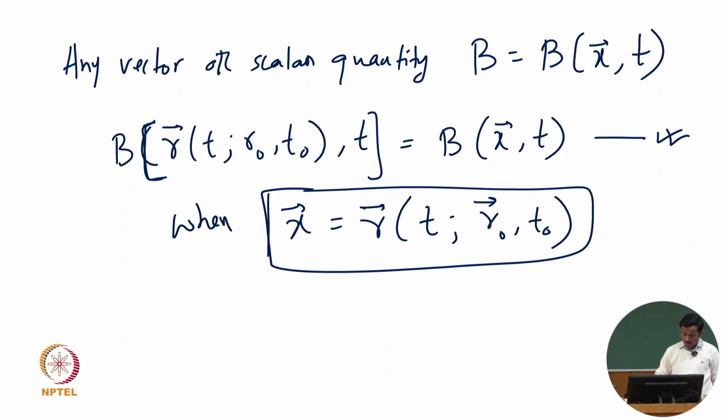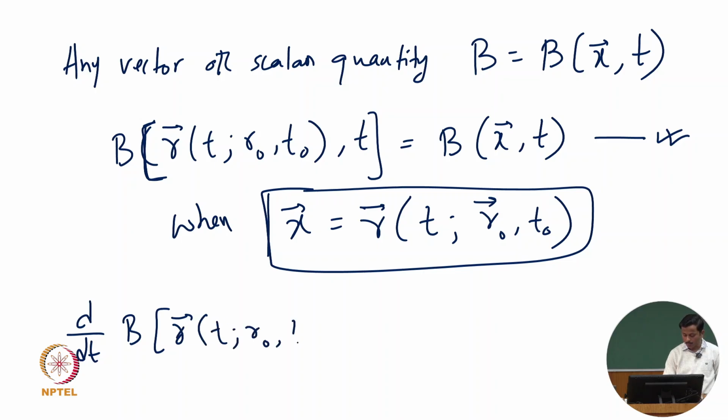So now, applying derivative to the left hand side, so d dt of this quantity b, which is a function of the position vector r, which in turn is a function of the initial position vector. There are arrows, sometimes I might miss, but all of these are vector quantities. So we'll do the expansion of the derivation in the next slide. Okay, so this is how the expansion looks.